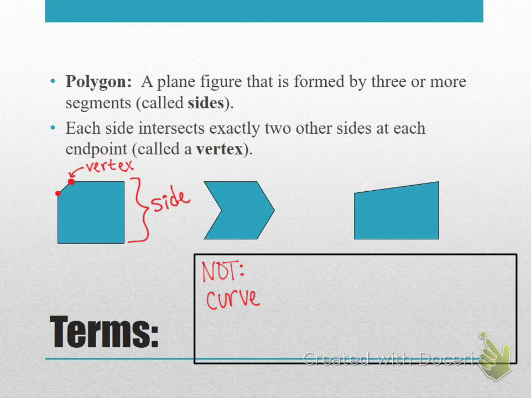Okay, so if your figure had some sort of round part to it, like a circle, it is not a polygon. If it's open, meaning you have one side that doesn't meet the other side, there's a way you can get into the shape, that's not a polygon.